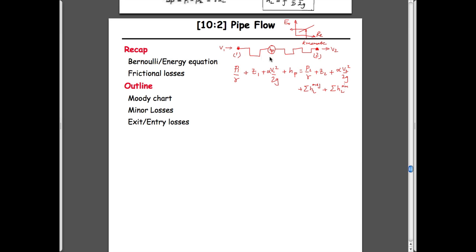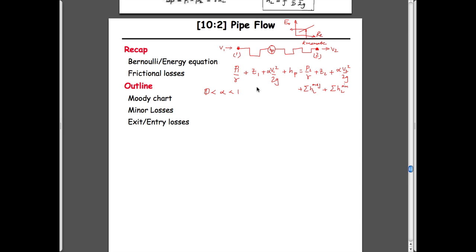So you all remember this, of course. This is the pressure head, elevation head, velocity head. This alpha value is between 0 and 1. Just to remind us, 0 and 1. And if the flow coming out of the pipe is uniform, then it's equal to 1. If it's not uniform, then it's less than 1, but we don't really worry too much about that.